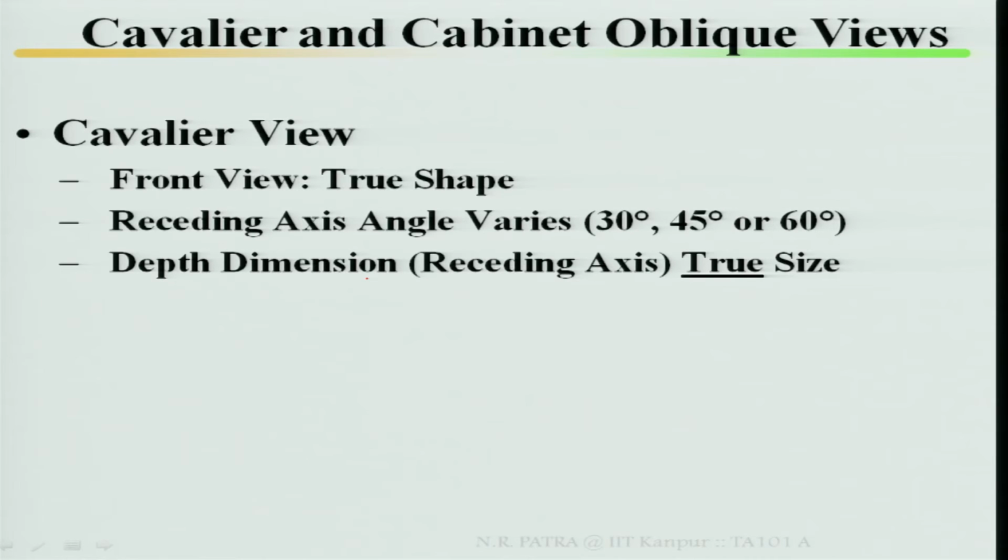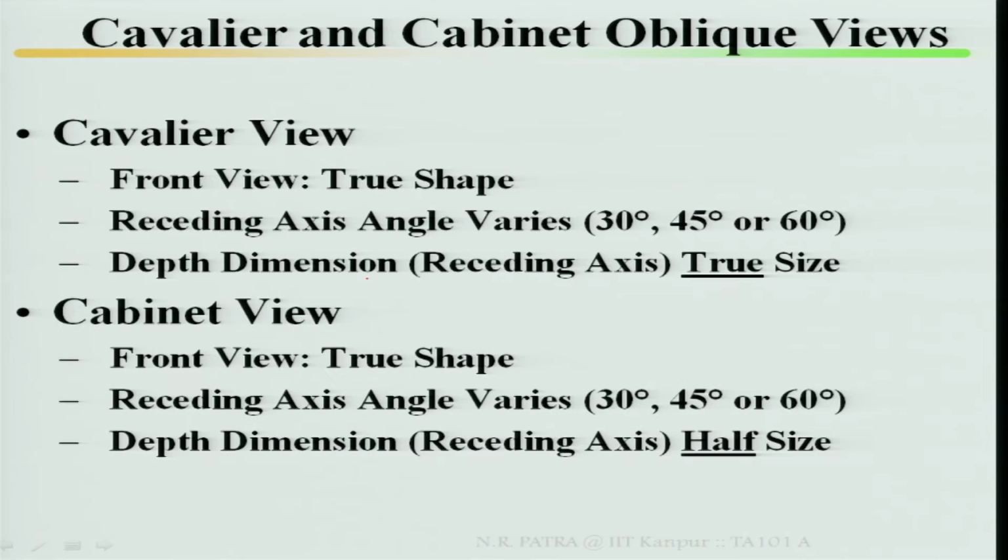In cavalier view, front view is true shape, receding axis angle varies, 30 degree, 45 degree or 60 degree. Depth dimension is true size. In cabinet view, front view is true shape, receding axis angle varies 30, 45 or 60 degree, depth dimension is half size.